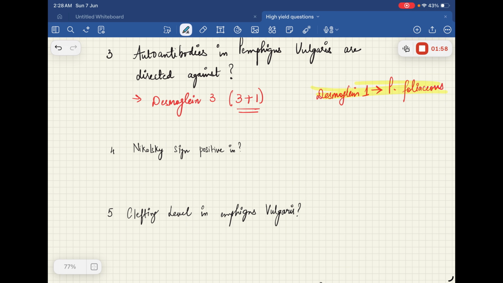Nikolsky sign is positive in. The answer here again is pemphigus vulgaris. Where else is the Nikolsky sign positive? It is positive in pemphigus vulgaris, number 1. Second, in toxic epidermal necrolysis.